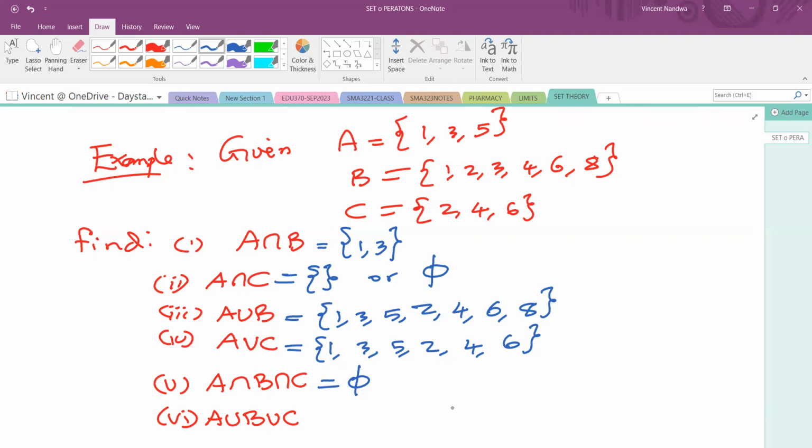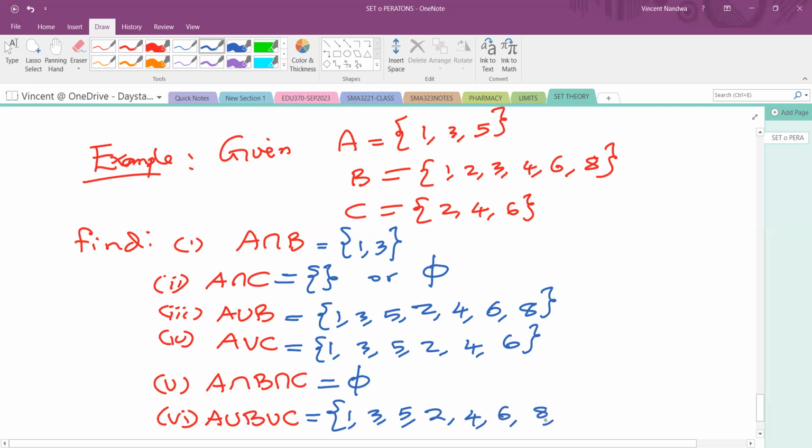Then A union B union C, we write all the elements of A, 1, 3, 5, joined to the elements of B, avoiding repetitions. So 1 has been written, and 2, 4, 6, 8, and then elements of C, all of them have been written. So this would be the complete set.